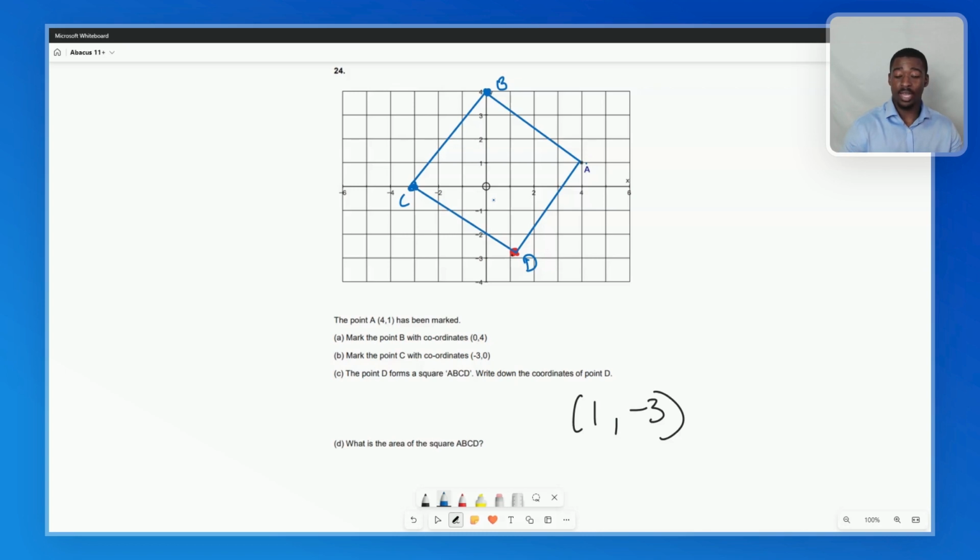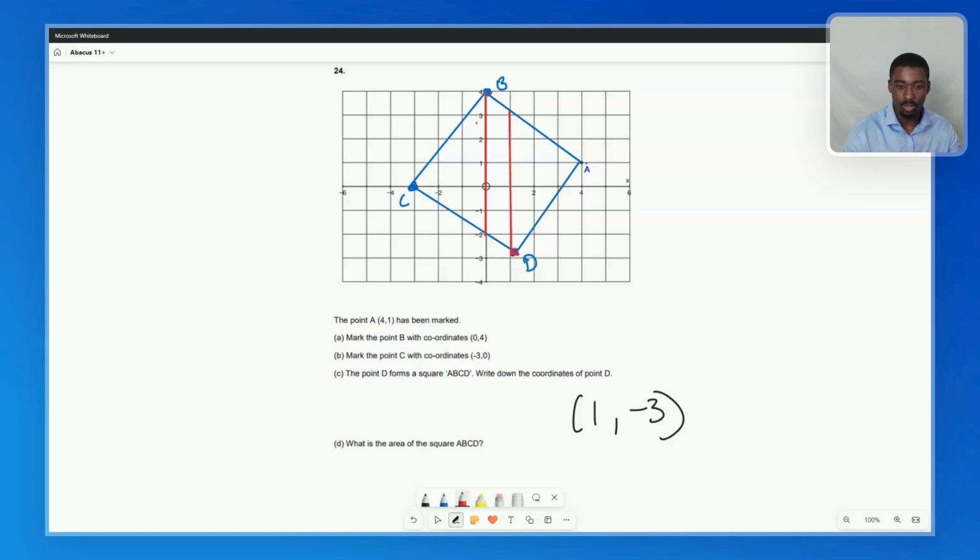Now for part D, we have to work out the area of this square we have just created. And as always, when we're working out the area of larger shapes, the best thing to do when it's not immediately obvious is to turn it into more familiar shapes. So here, the best way to approach it is to split this square up into different shapes, because it's a bit awkward.